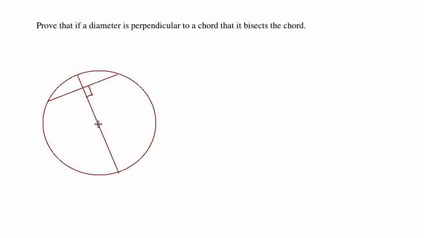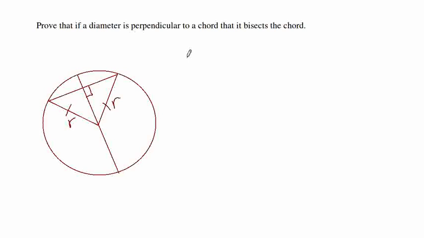Let's draw the radii with respect to the endpoints of the chord. And we know that all radii are the same length, r, whatever r is, so those are congruent. And notice that I have two right triangles with congruent hypotenuses that share a common side.